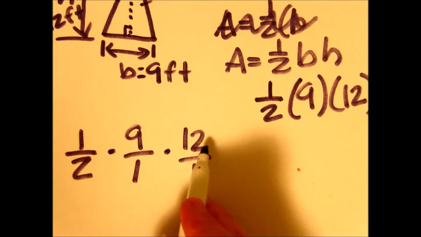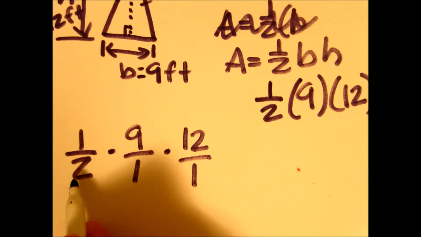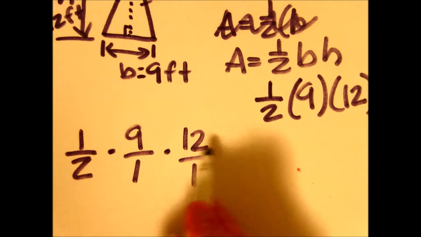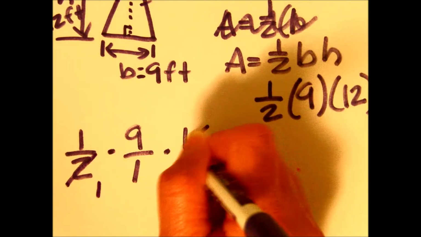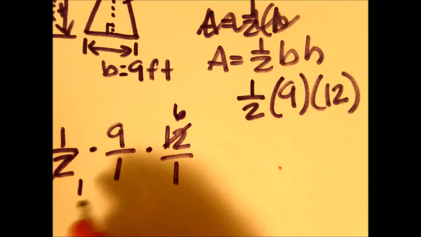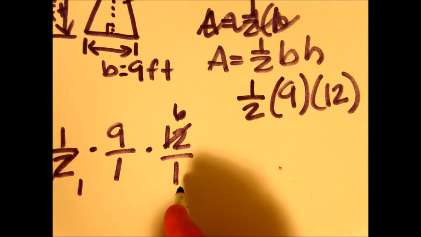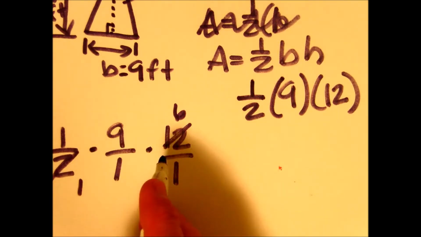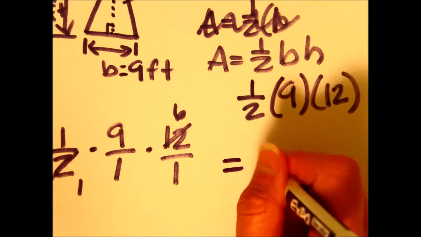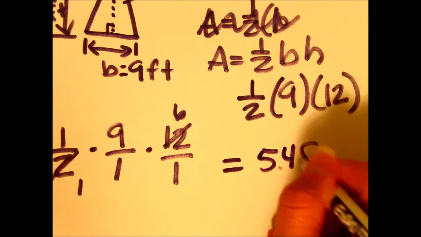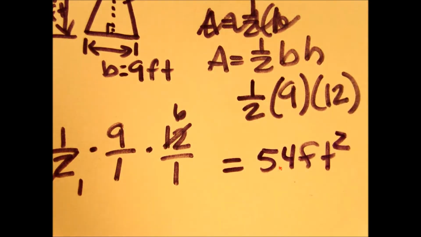You could reduce the 2 and the 12 together. And then notice the denominator is full of 1s, so we're going to multiply across. 9 times 6 times 1 is 54. So we get 54 feet squared.